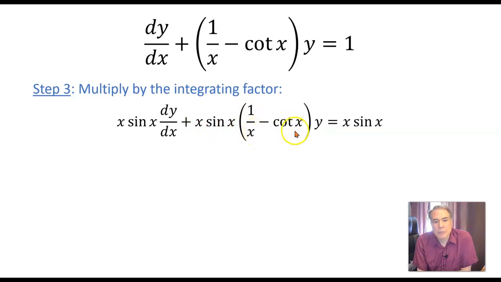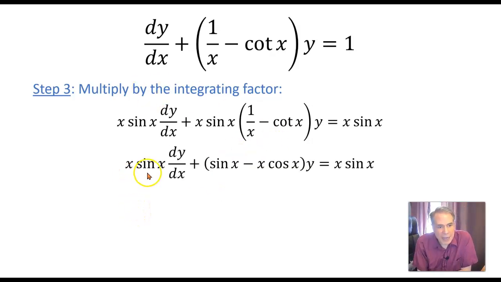And if I multiply it times cotangent x, remember cotangent is equal to the cosine over the sine. So if I multiply that times sine, the sine over sine cancels out, and we have just cosine. So here's what we have. x sin x dy dx plus the quantity (sin x + x cos x) times y equals x sin x.